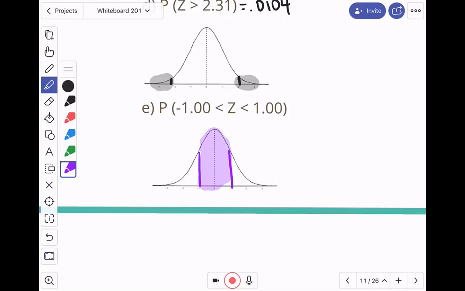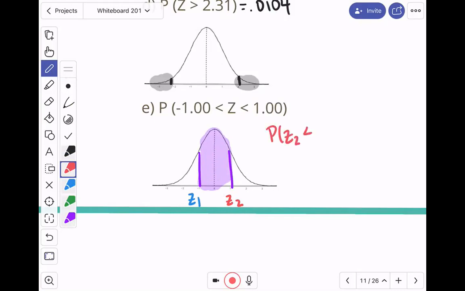If you're calculating between two values, here is Z1 and here is Z2. I find the probability of Z2 first.